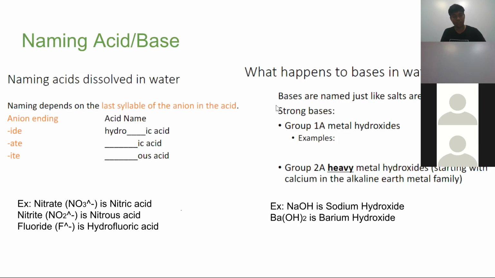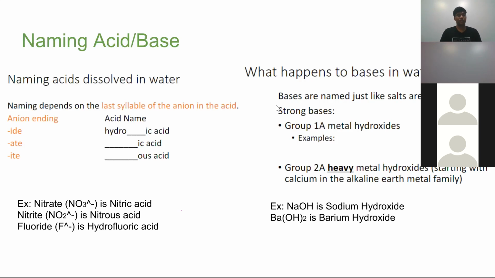Nitrite, which is NO2 minus, becomes nitrous acid, applying the same rule: take out ITE and put the rest in the blank space. Then we have fluoride, which is F minus, not fluorine, where you take out the IDE and put the rest in the blank space again. So it becomes hydrofluoric acid, if that makes sense to everyone.